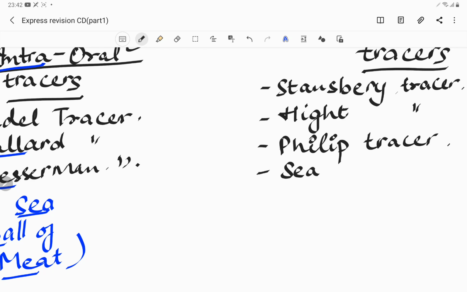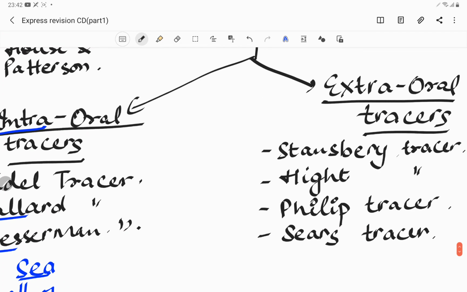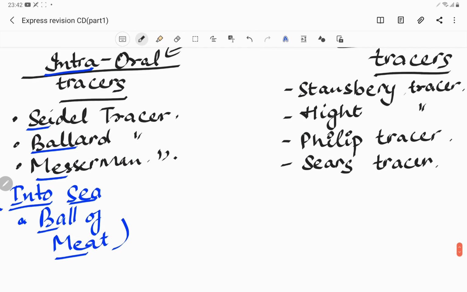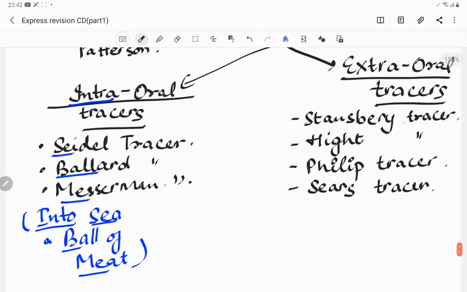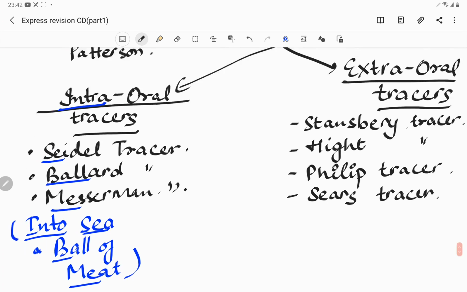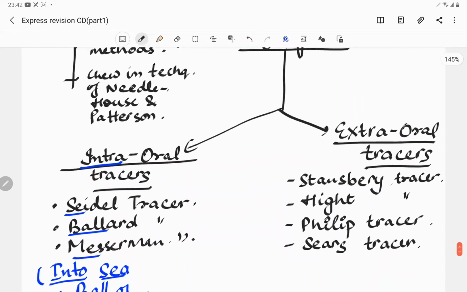Then we have the Sears tracer. You can always remember it because we use it extraorally. We do not put the tracer inside the oral cavity because we don't have any hair inside. So remember: extra stands, the height of the Phillips. Extra is extra, stands is Stansbury, height is height, Phillips is Phillips.